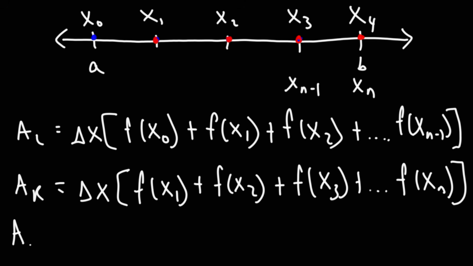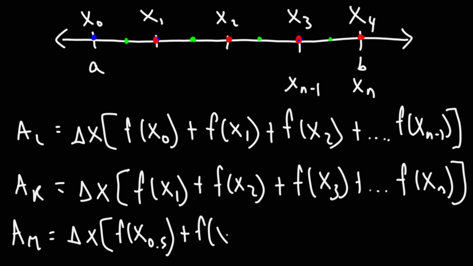Now, using the midpoint rule, we want to get the points in the middle. So 0.5, 1.5, 2.5, 3.5. So this is going to be f of x 0.5, and then plus f of x 1.5, and then f of x 2.5.